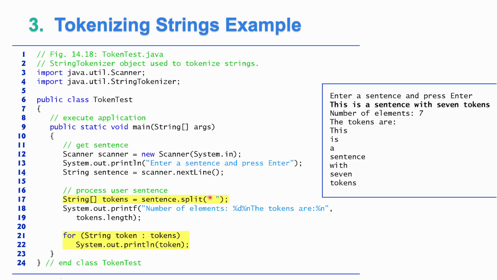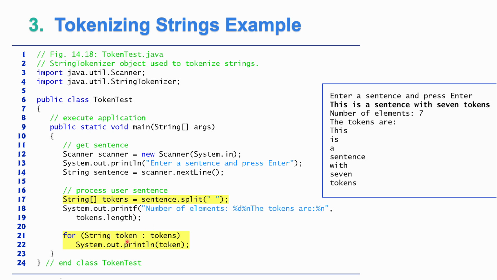This method returns an array of string objects, so we assign its result to the string array variable named tokens. The content of array tokens are the tokens from the line of text that the user entered.